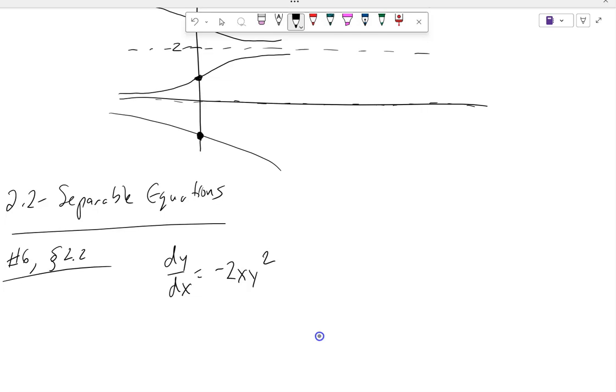This type of equation is what's referred to as a separable equation. What makes an equation separable is if, when I write it in the normal form, I can basically factor the right-hand side. And I have to be able to factor it in a special way. I need to be able to factor it as function of only x times function of only y.